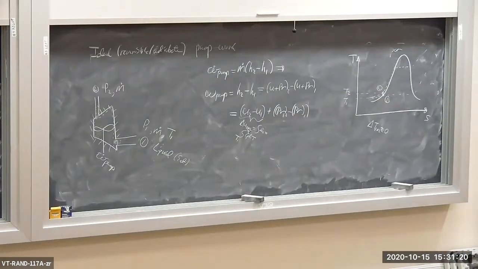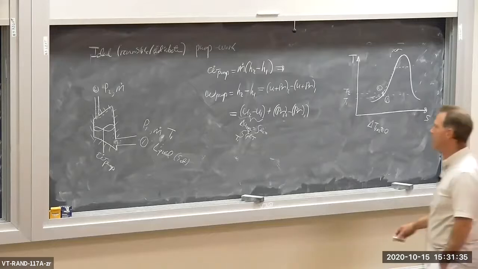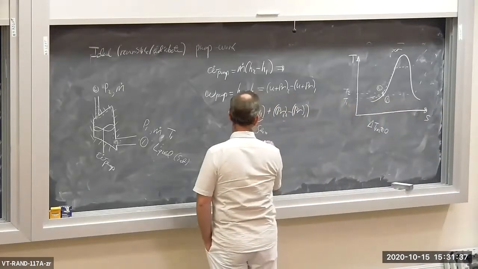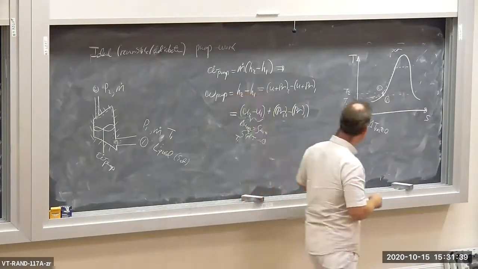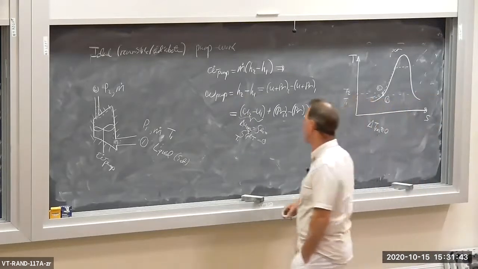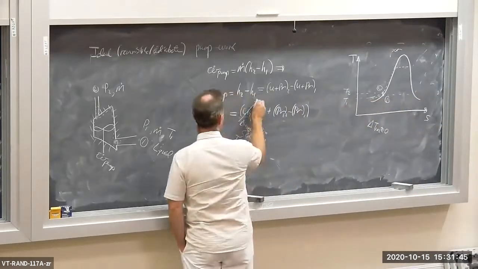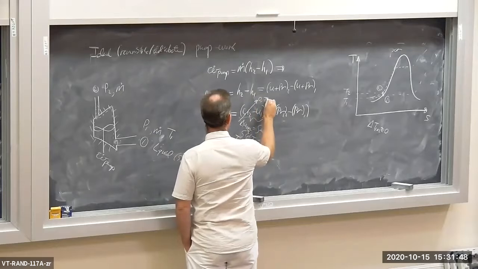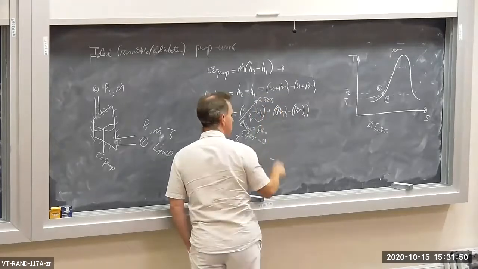It's actually Cv dT. Now, if delta T is equal to 0, then that integral of Cv dT is 0 as well. So this term is gone because T1 is approximately equal to T2.